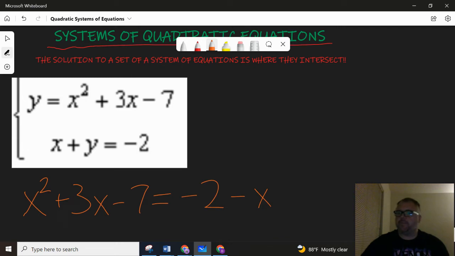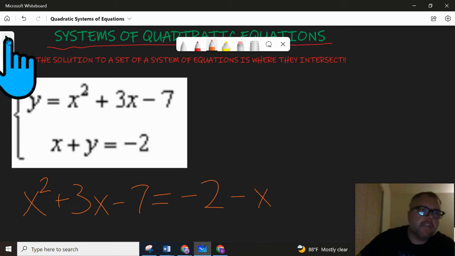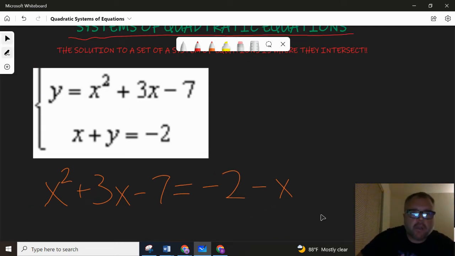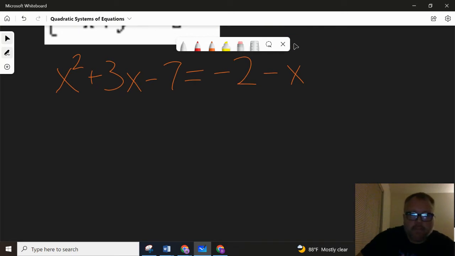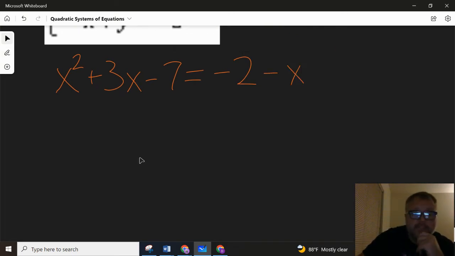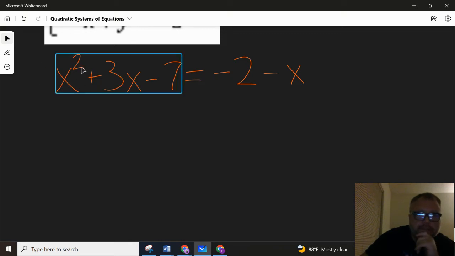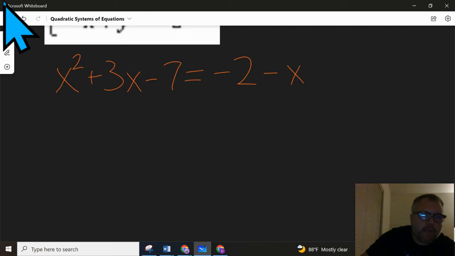So where do these two functions intersect? That's what we're trying to find out. Okay, because when you're talking about functions, the exponents really dominate the show. So you can see this exponent of 2 here is the highest one on the board. So because this is a quadratic, we got to set it equal to 0, right?